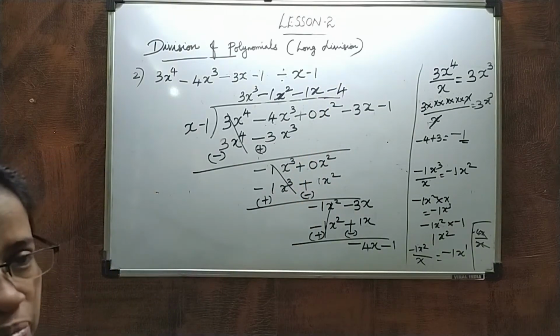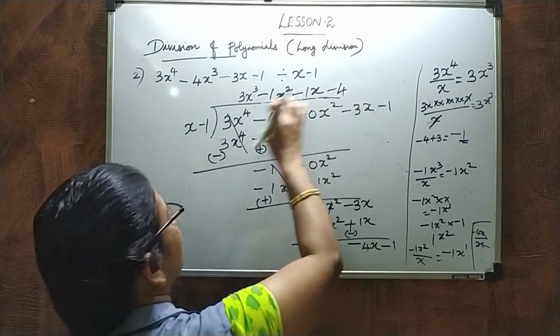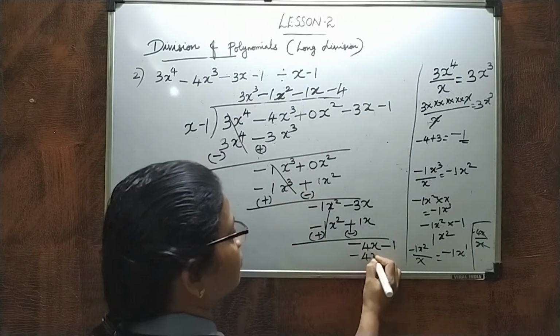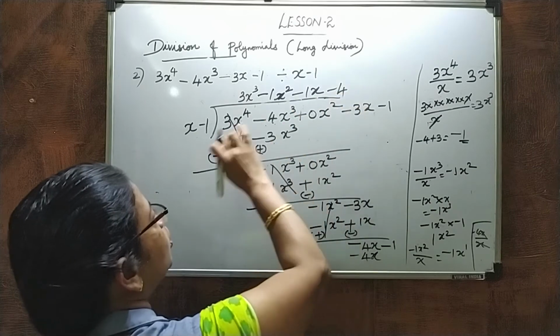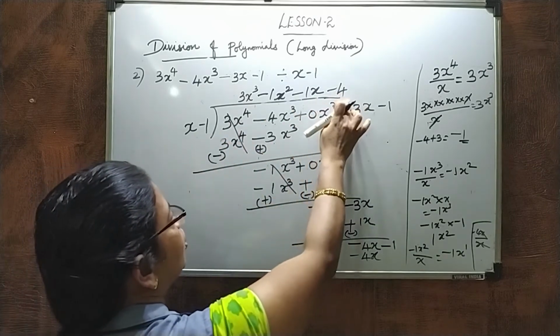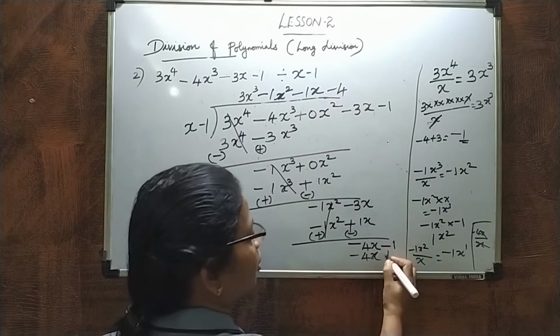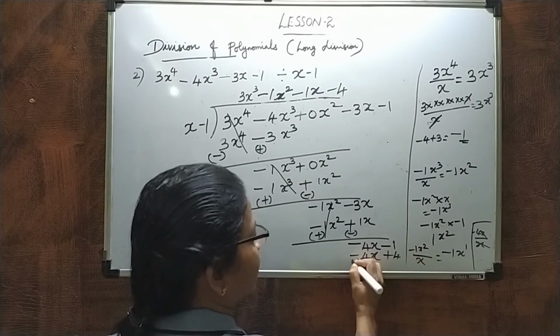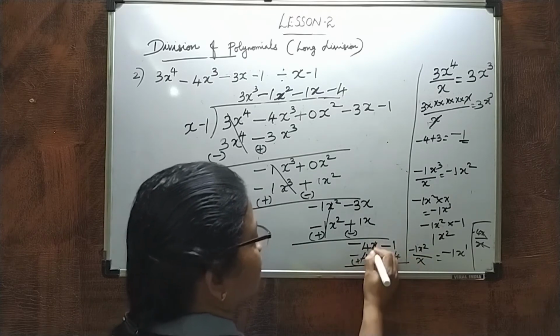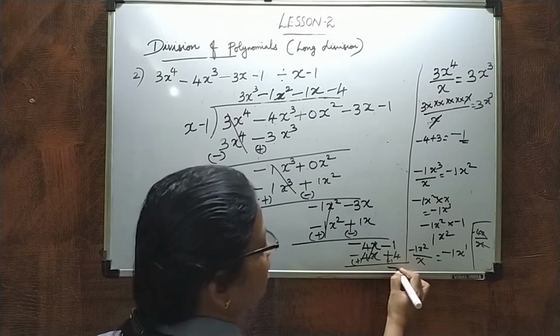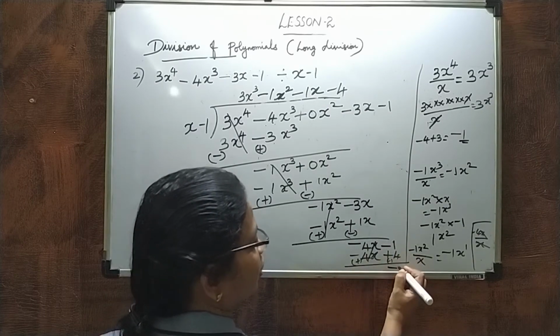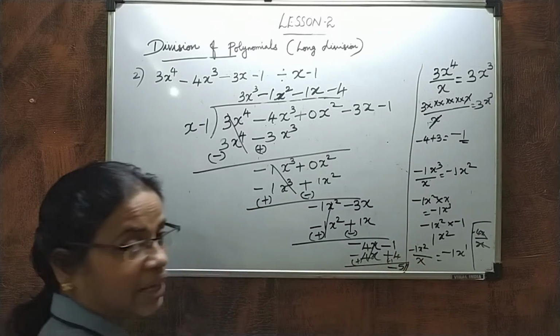After division, multiplication. Negative 4 into x, negative 4x. Negative 4 into negative 1, so it will be positive 4. Take the additive inverse and add. Cancelled. It is negative 1, negative 4. When you add, you will get the answer negative 5.